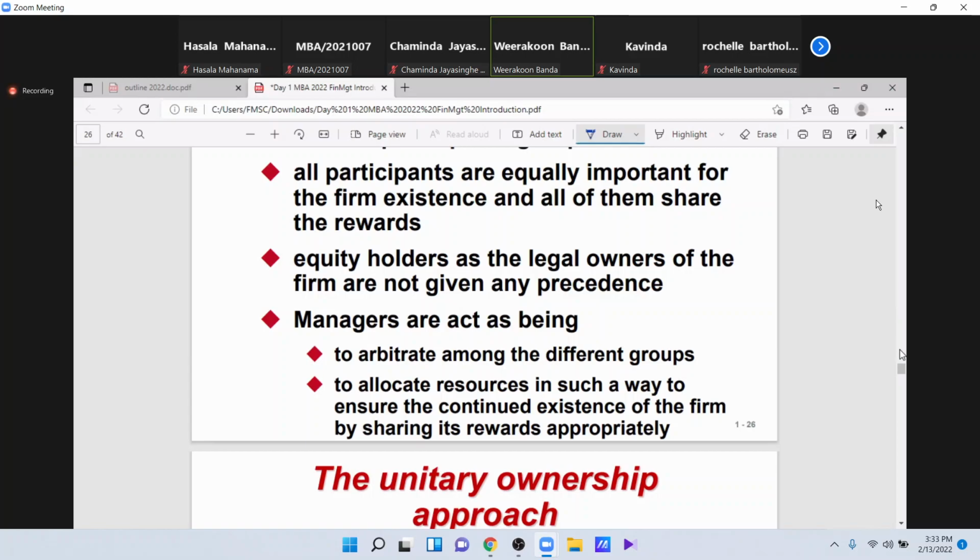Some other companies may explain that the company plan is to make value additions while satisfying all the stakeholders of the company. When they say all the stakeholders, which includes all the parties, in that case they follow the participatory approach.